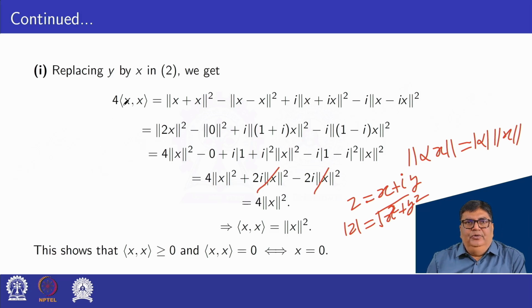So here 4 into inner product of xx is equal to 4 norm x squared. This implies that inner product of xx is equal to norm x squared.